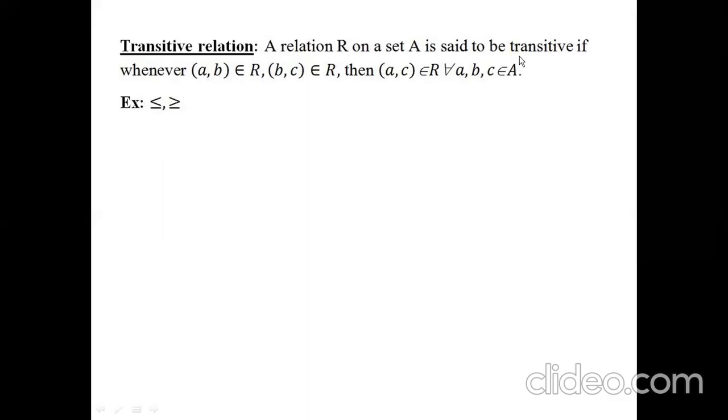The relation R is said to be transitive if, suppose two elements (A, B) belong to R and the element (B, C) also belongs to R, then (A, C) should also belong to R, to say that the relation R is transitive.